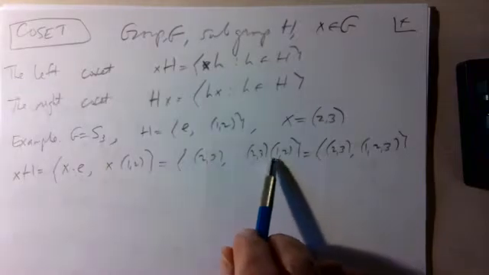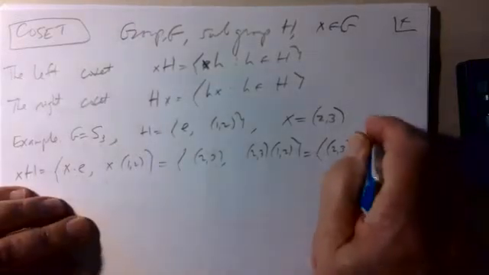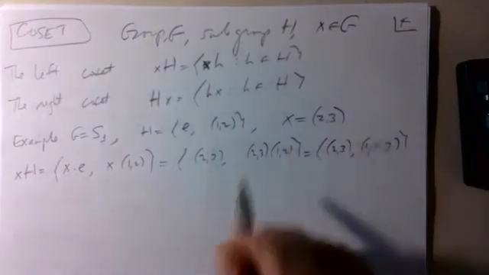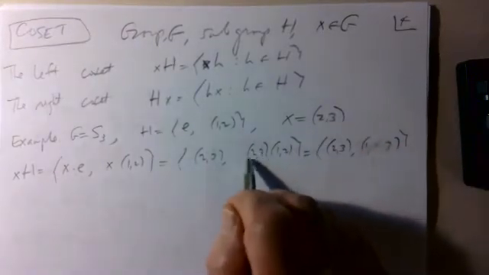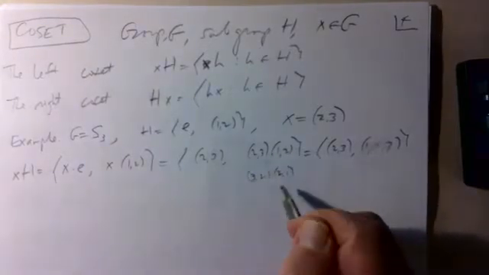Oops, sorry, not the 3-cycle (1 2 3). Let me write it correctly. (2 3) is the same as (3 2), (1 2) is the same as (2 1).